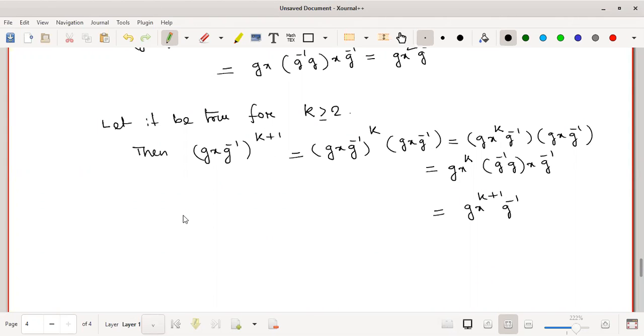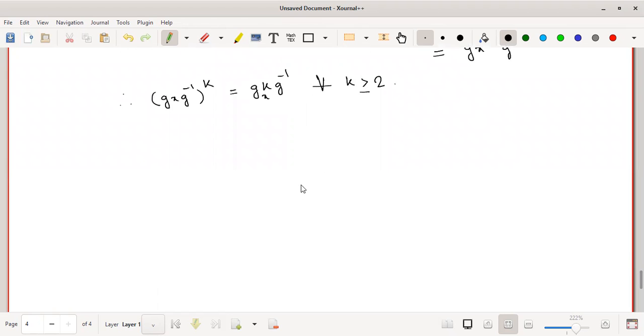Therefore, (g x g inverse) to the power k is equal to g x to the power k g inverse for all k greater than or equal to 2. That is proved by induction.